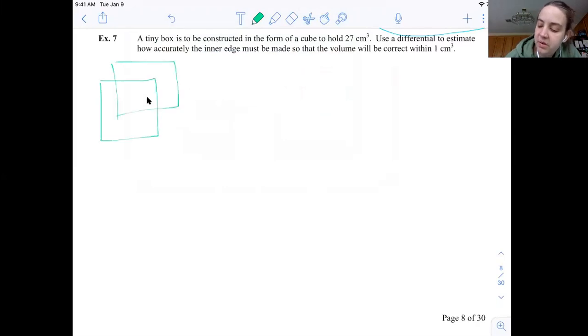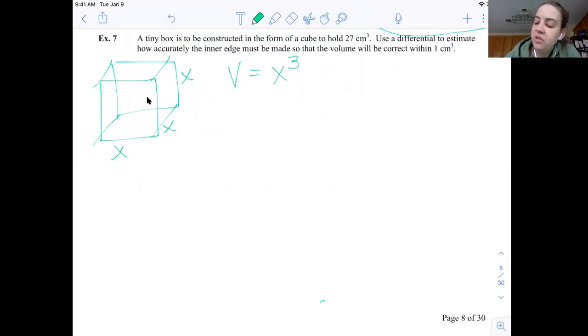Do you remember drawing these in middle school? Now, I know that the volume has to be 27 cubic centimeters. I also know that each side is exactly the same. That's what makes it a cube, not a rectangular prism. For a rectangular prism, you could have a different length, width, and height, but as a cube, they're all the same. So my volume equation is side cubed or x cubed.